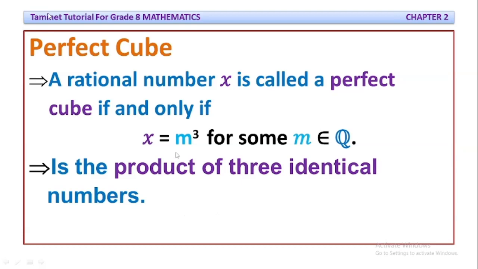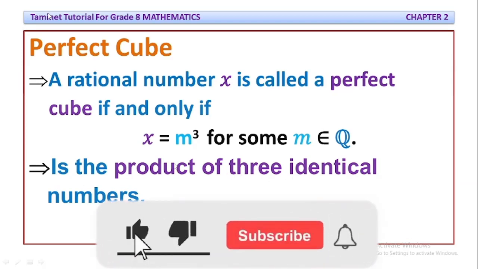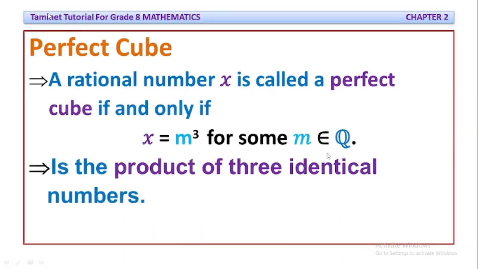That means x can be determined as m times m times m.